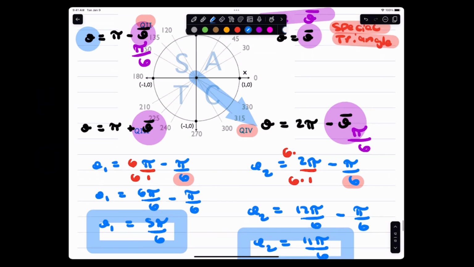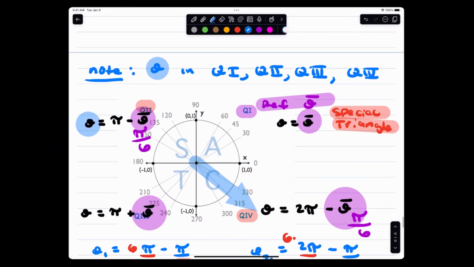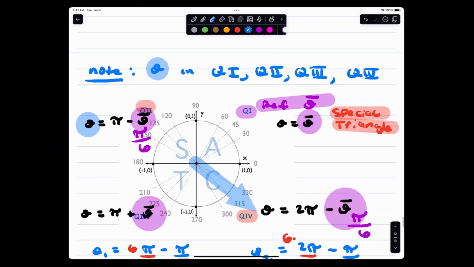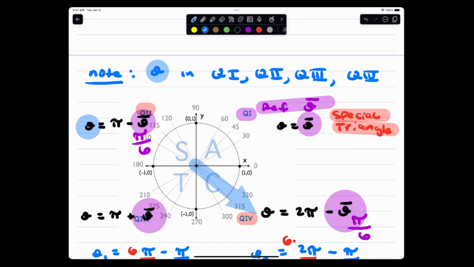So I want you guys to understand there's two answers for theta, and that's why they always say to you, at least in the beginning, they want you to understand how to do this from 0 to what? To 2 pi. Okay, so this is their approach now, 0 to 2 pi.